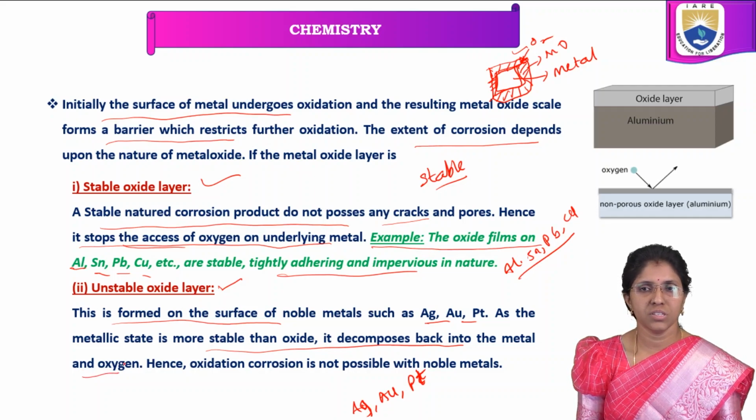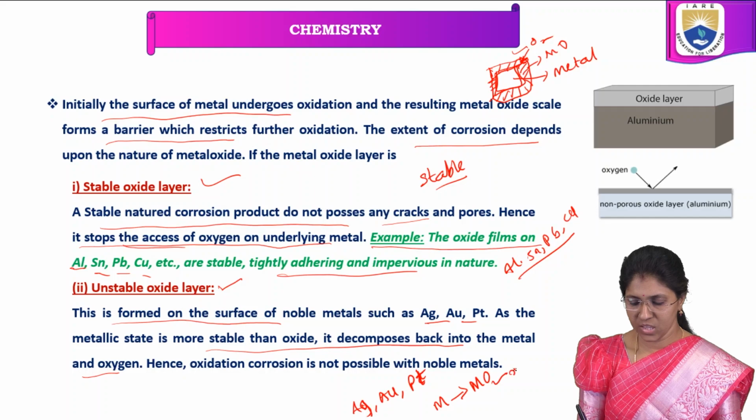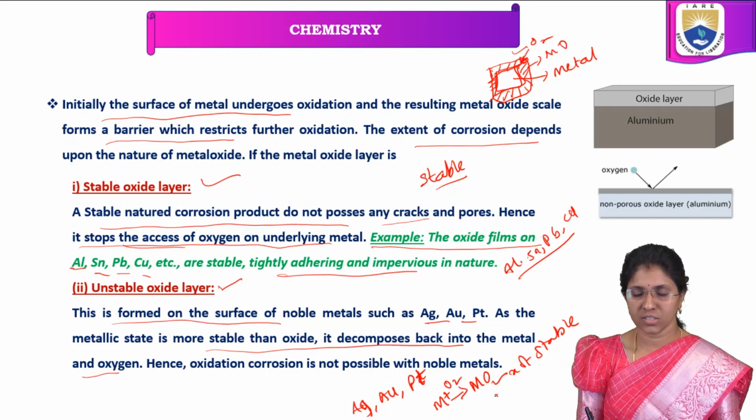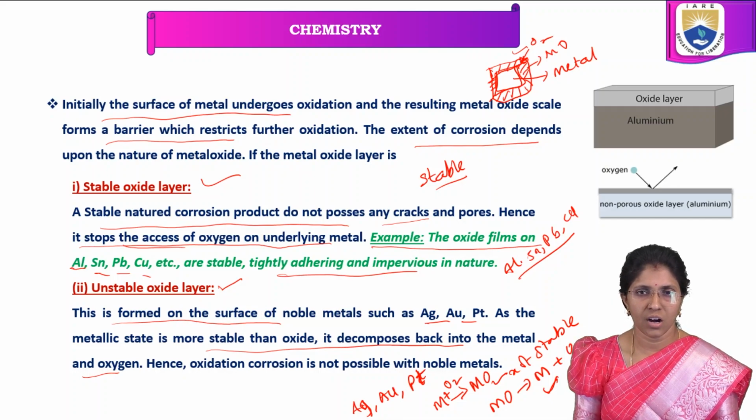Hence oxidation corrosion is not possible with these metals. Metal forms metal oxide, but the oxide layer is unstable, so metal oxide is again converted into metal and oxygen. So corrosion does not take place for noble metals such as silver, aurum and platinum.